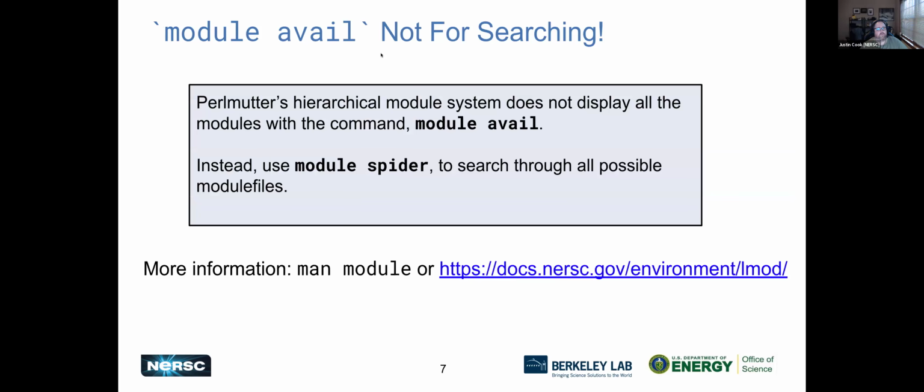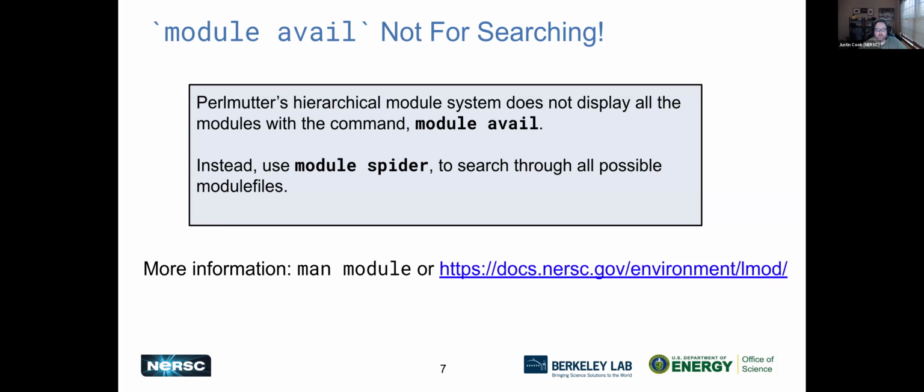Module avail does not search for all possible modules. Because Perlmutter uses LMOD, it's a hierarchical system, which means if you have a certain compiler loaded, it's going to use that MPI for that compiler. There are other MPIs for other compilers, and there are other libraries that depend on other modules being loaded.